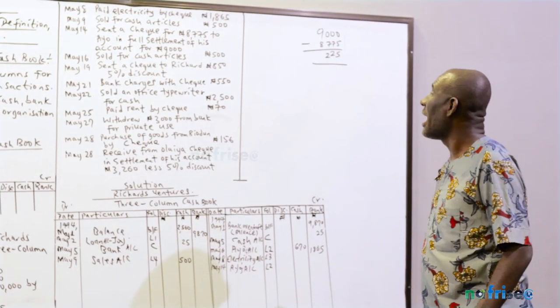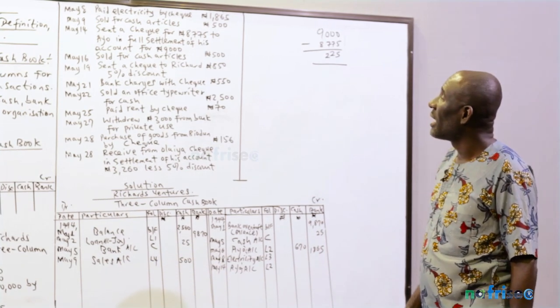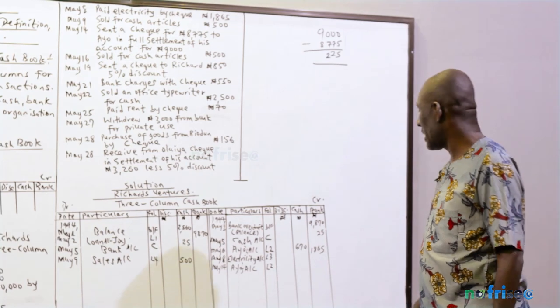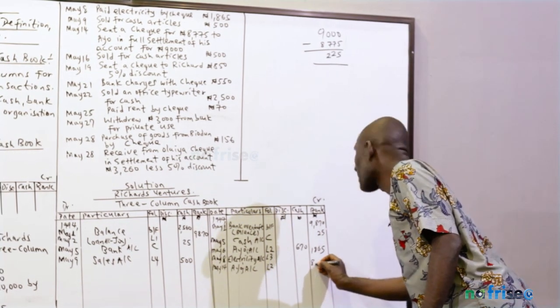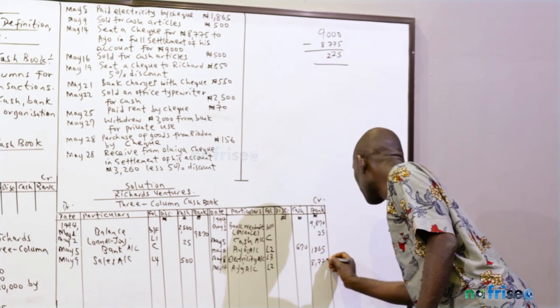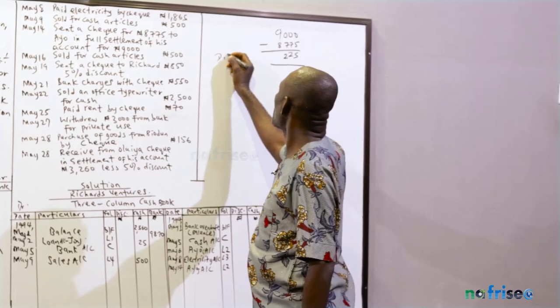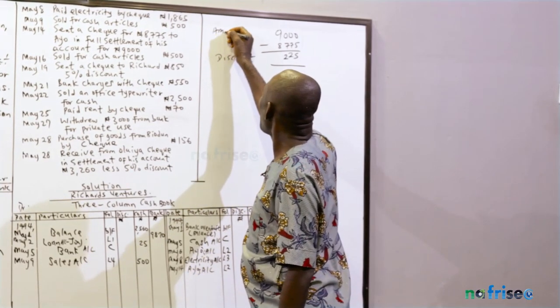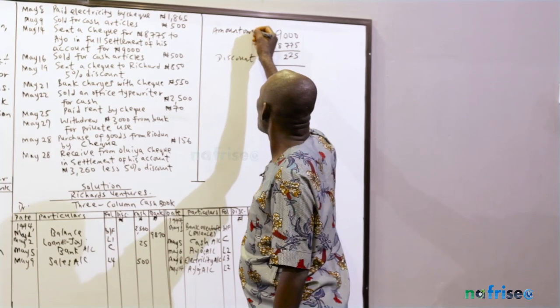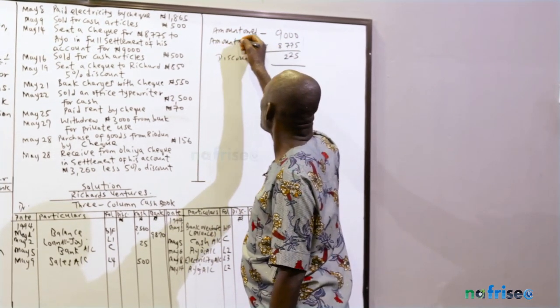So ledger 2, and the amount that was paid was by check. Therefore, it goes to the bank. So let's write 8,775. And remember, we calculated the discount. Let me write it. Discount. Can say amount owed. Amount owed is this. Amount paid.